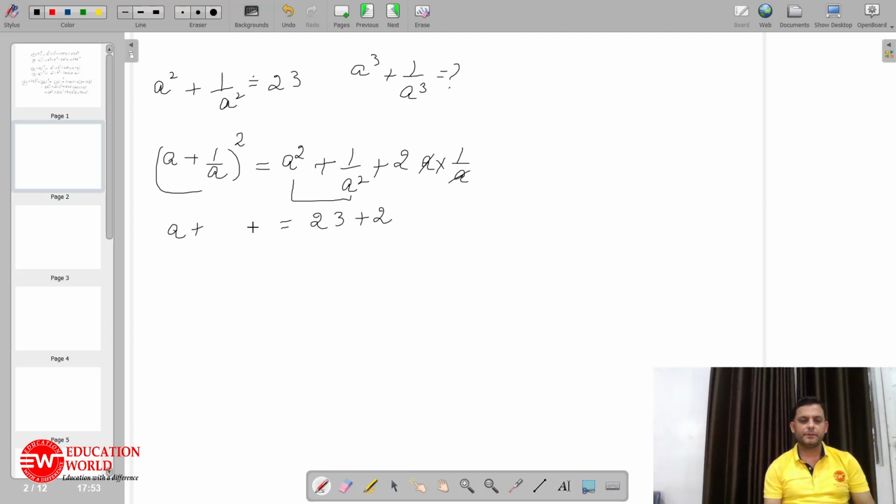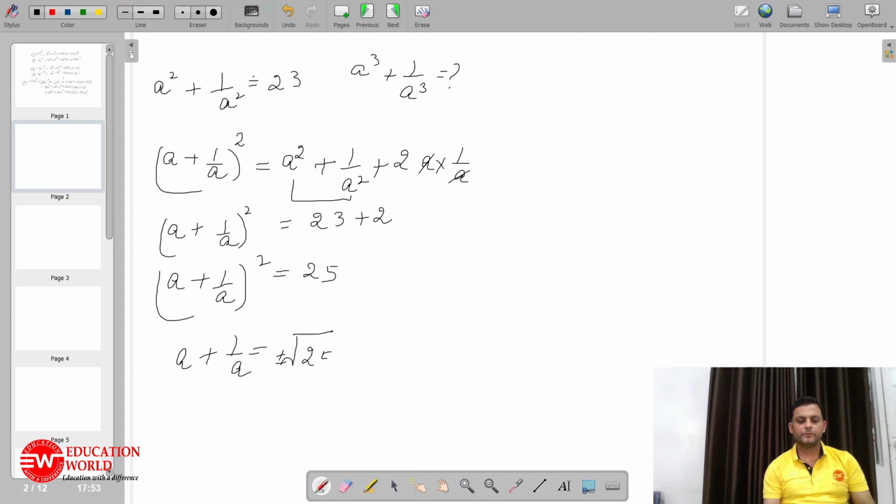On the left hand side a plus 1 by a whole square, you will get 25. Now a plus 1 by a will be the square root, plus and minus, because square root values vary from negative to positive, so it will be plus minus 5.